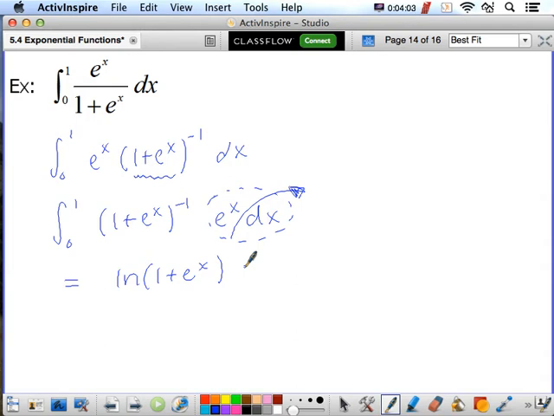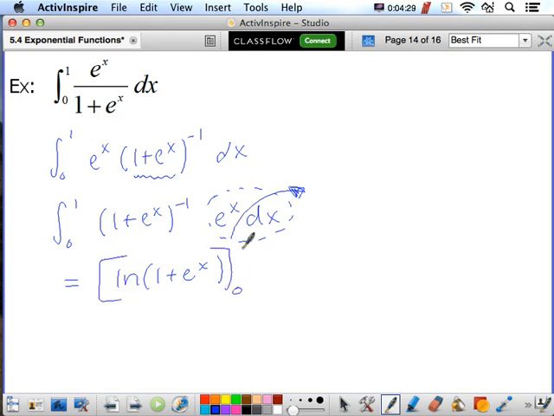So we agree e is positive. Take a positive number to any power, and it will stay positive, even if it's a negative power. It'll become a decimal, but it'll stay positive, right? Okay, so this is going to be a positive plus a positive, so we don't need absolute value. If you put them there, it would be okay. I wouldn't be upset. It would just be redundant. So we technically don't need them there.